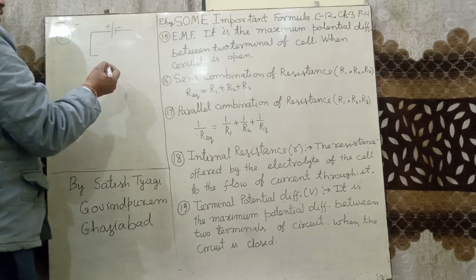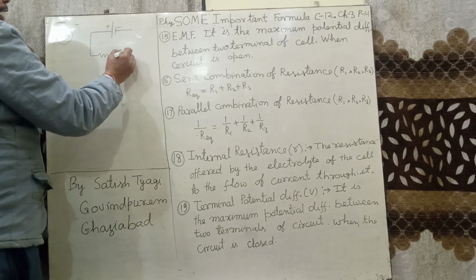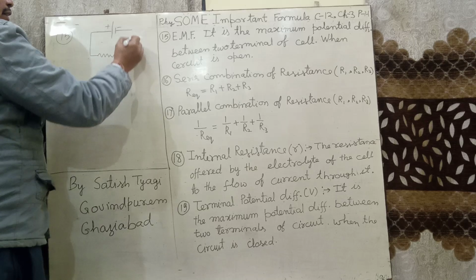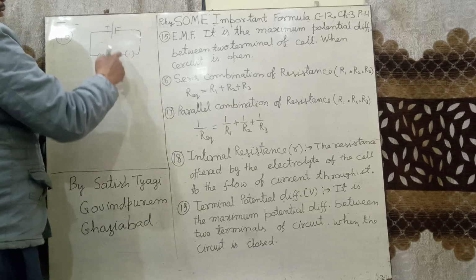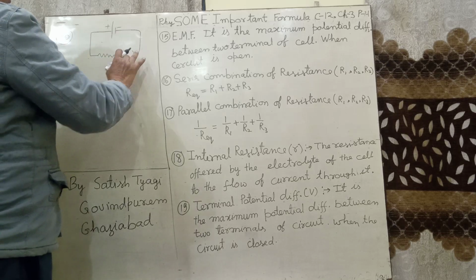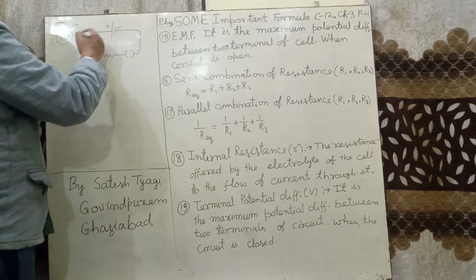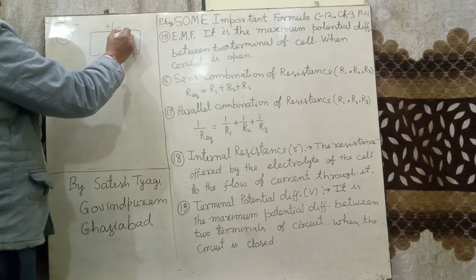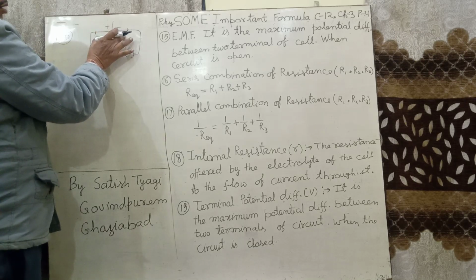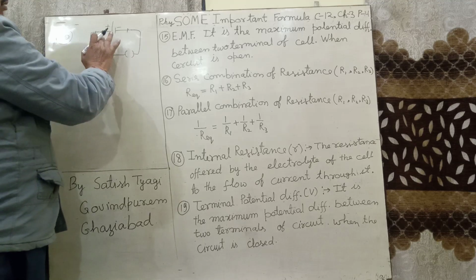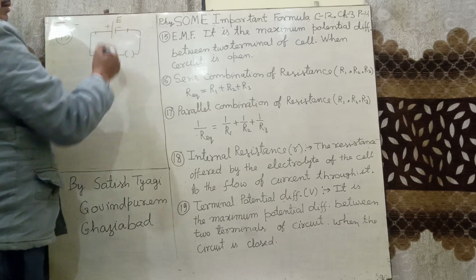And any resistance is connected here, and a key is connected here. If no current flows in the circuit, then the terminal potential of the cell is called the EMF of the cell. It is denoted by capital E.